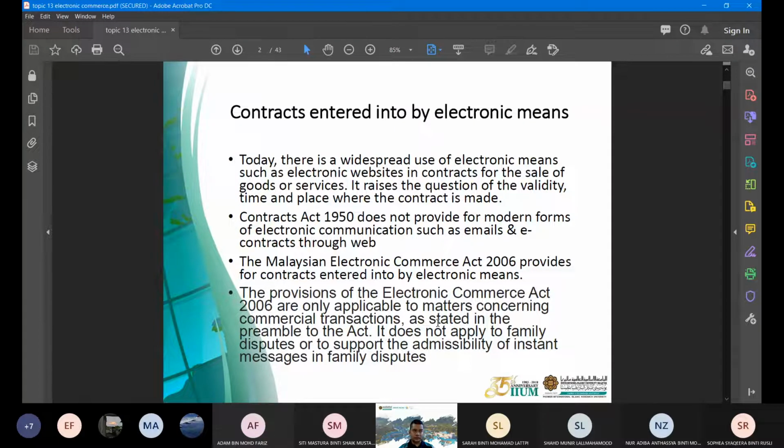online agreements like ClickWrap agreements. If you have seen online agreements, all the materials are made in the form of soft copy, and you can click directly whether you agree or not with the terms and conditions.